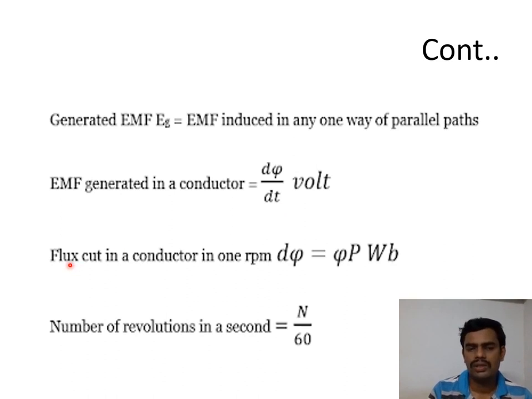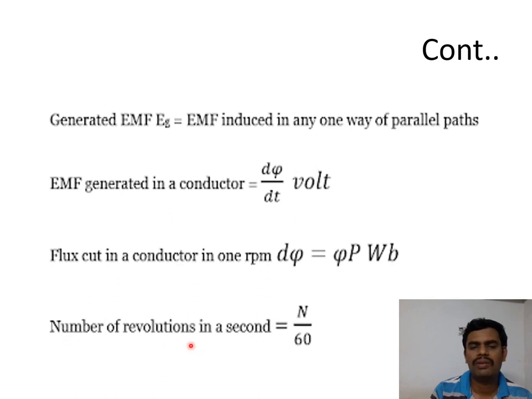The flux cut by the conductor in one revolution is d phi. This flux depends on the number of poles, therefore d phi is phi into P Webers.